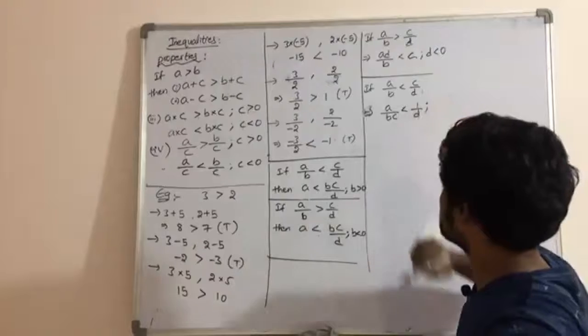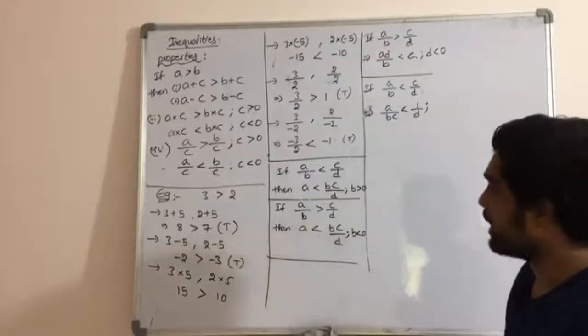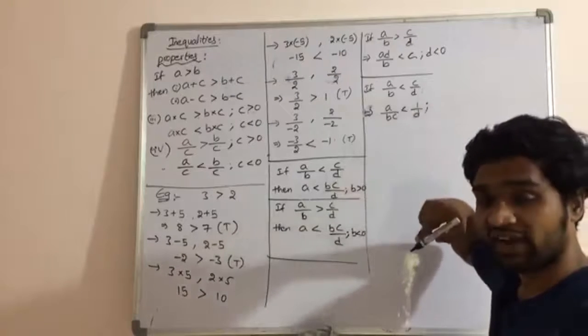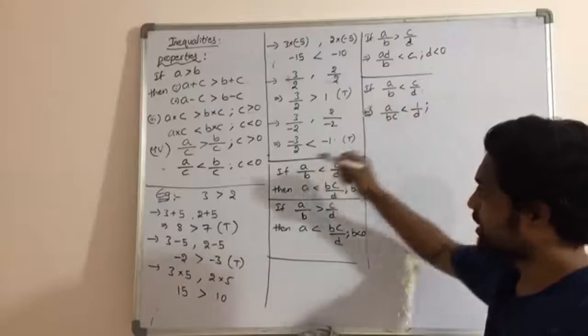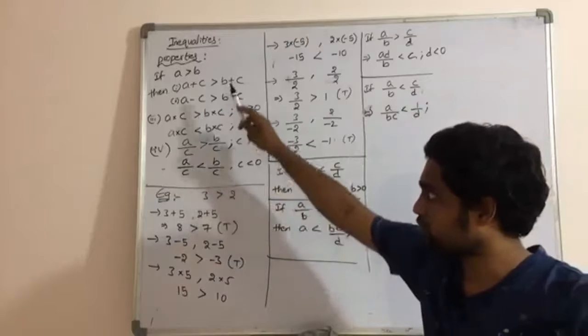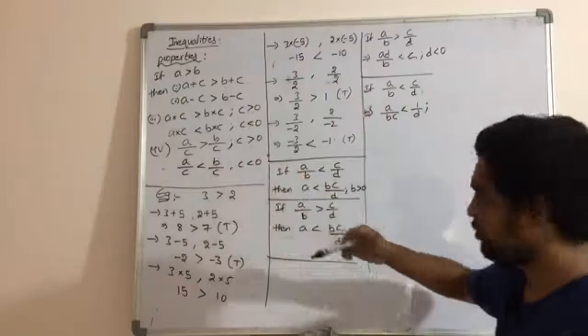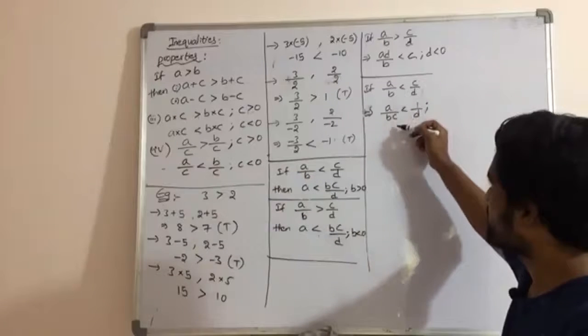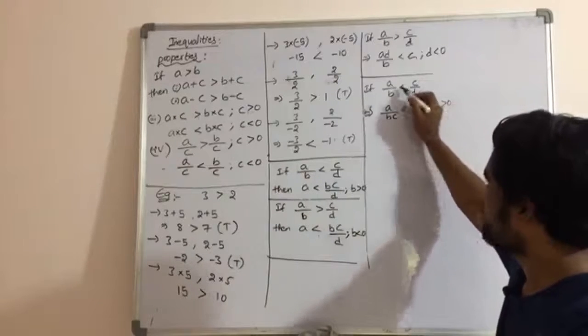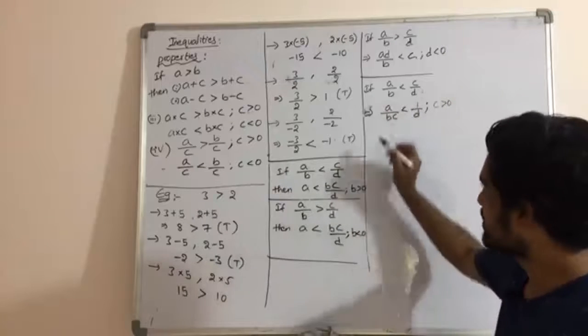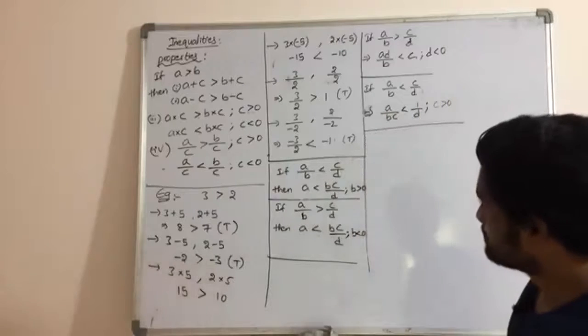Now this one, what I've done here, I've divided with C on both sides. After dividing with a number, if the inequality remains the same, that means the number is positive. So after dividing with C, the inequality remains the same here, which means C is positive.